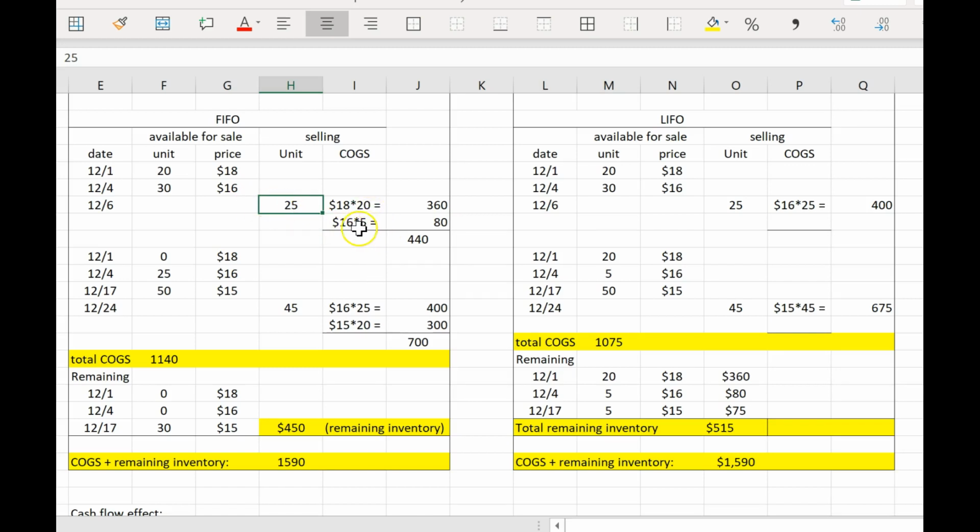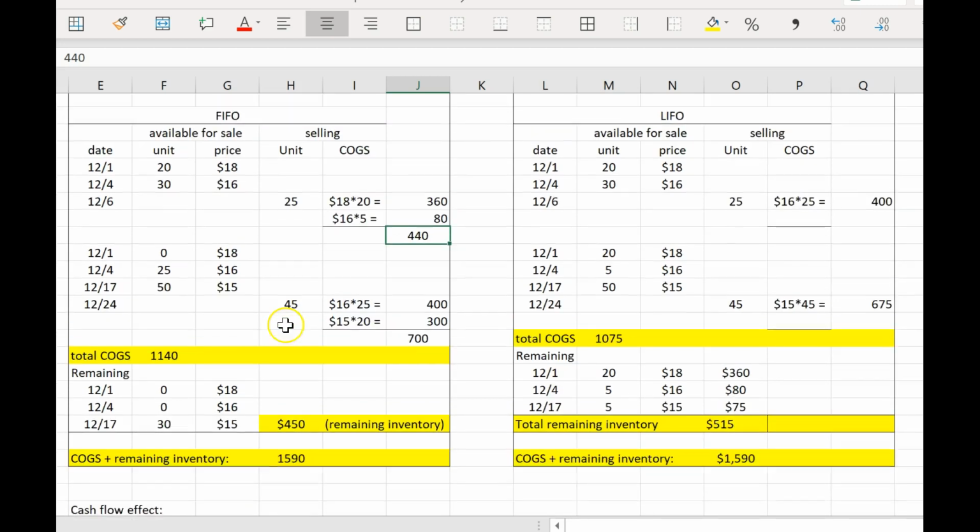We're taking that 5 from 30, we can see that December the 4th remaining unit would be 25, okay? And the December the 1st, we take all of them, so it remains 0 after this sale. So this 25 units we sold in total cost us $440. That's $360 plus 80.